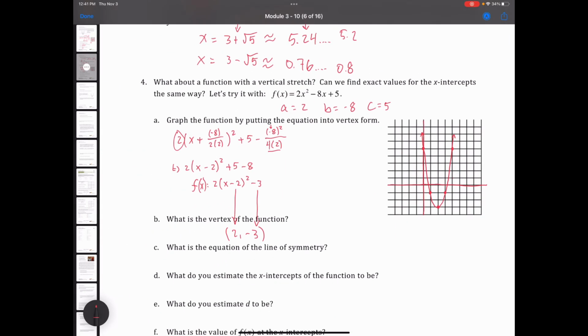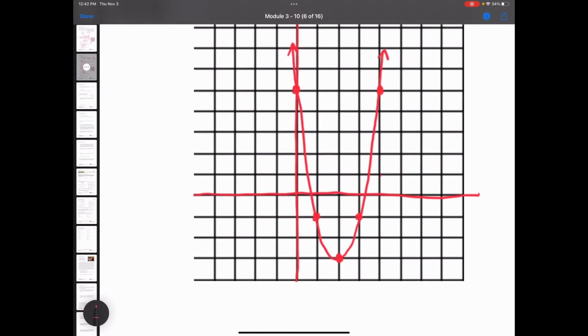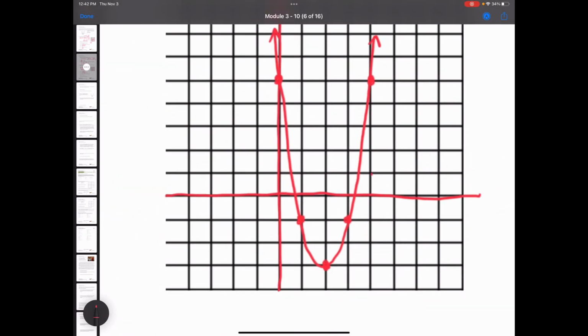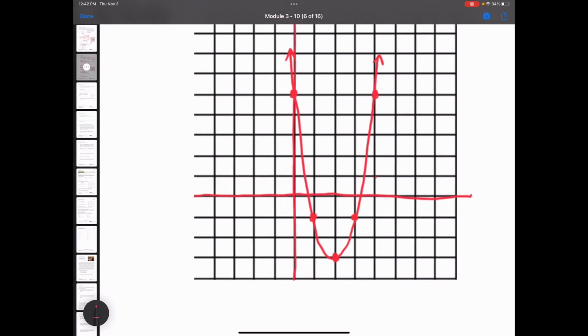But it asks us next, what's the equation of the line of symmetry? Well, they've said x equals h, but we also know that it's in numerical value, x equals 2. It's the x value, or the x portion, of our vertex, right? Now, what do we estimate the intercepts to be? Boy, I would say they're actually going to be pretty darn close to 1 and 3.